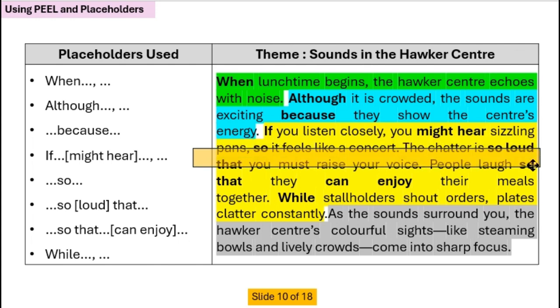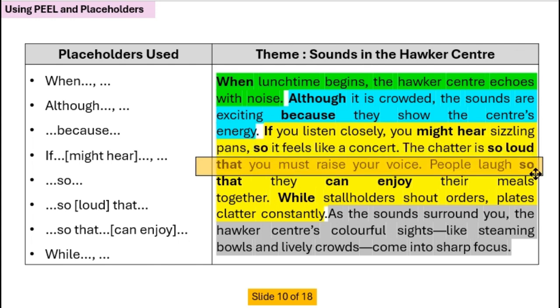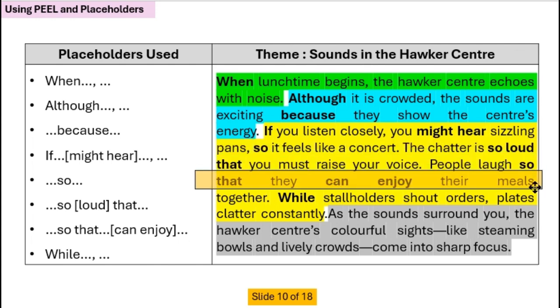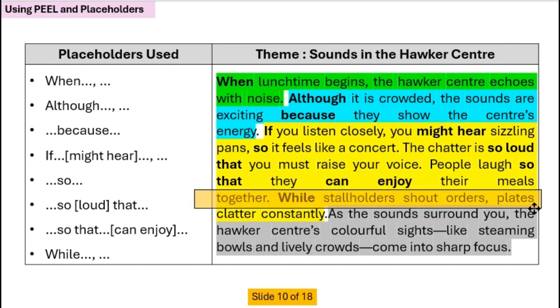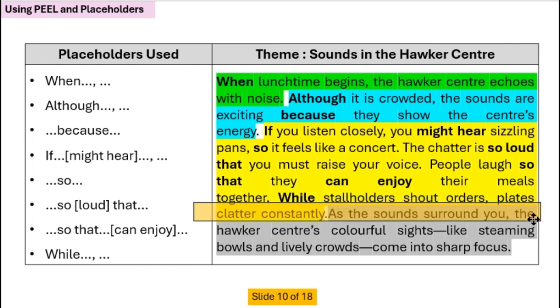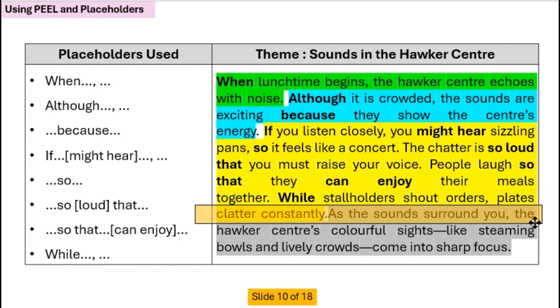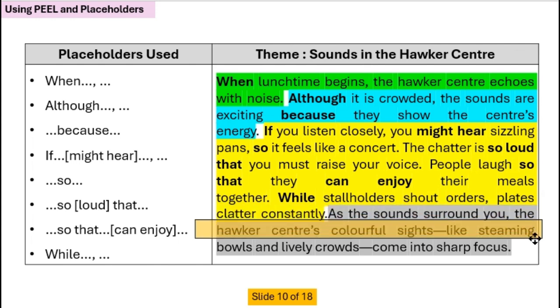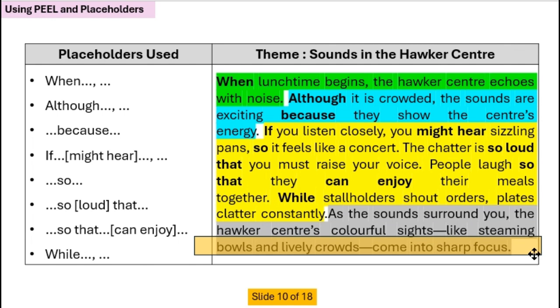The chatter is so loud that you must raise your voice. People laugh so that they can enjoy their meals together. While stallholders shout orders, plates clatter constantly as the sounds surround you. The hawker center's colorful sights like steaming bowls and lively crowds come into sharp focus.